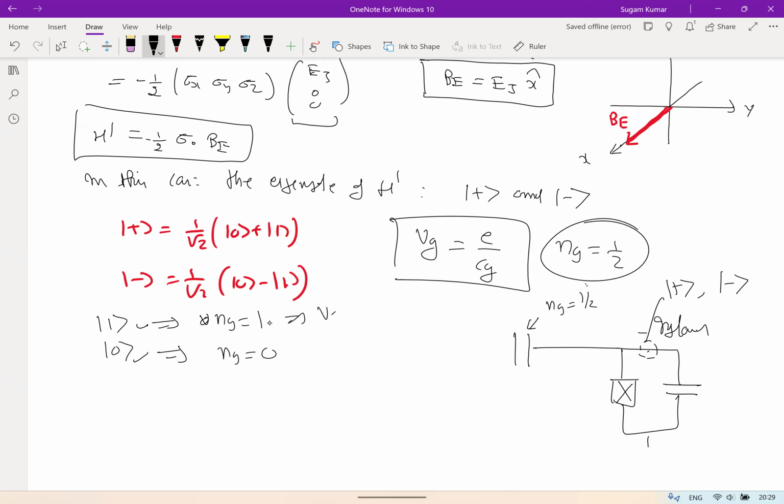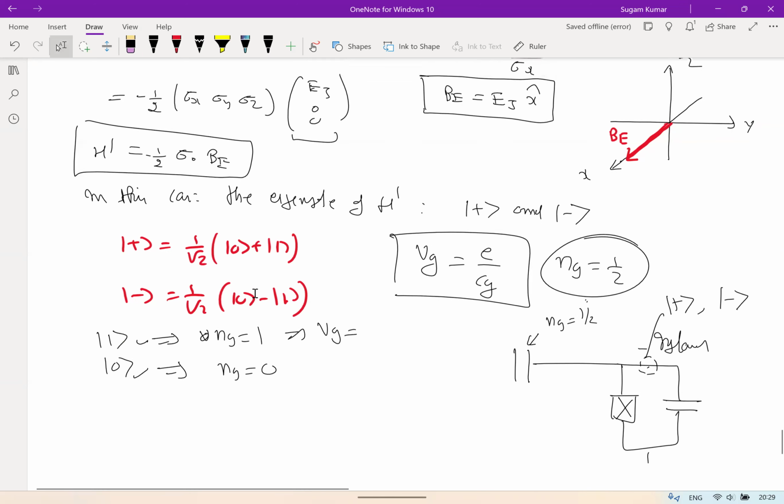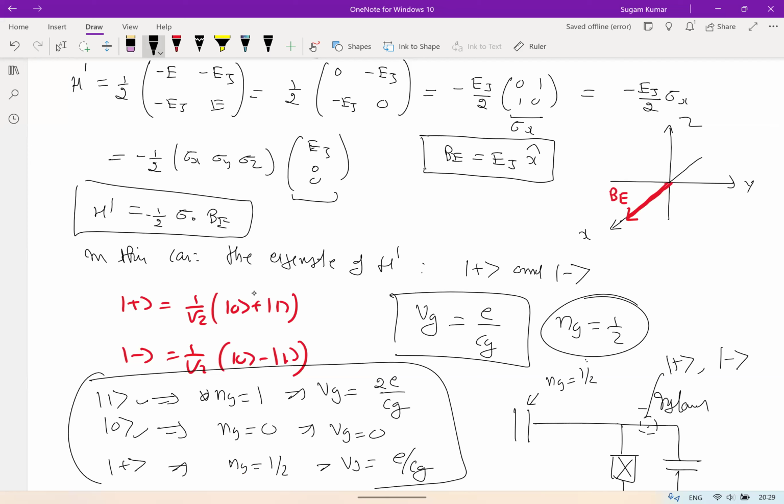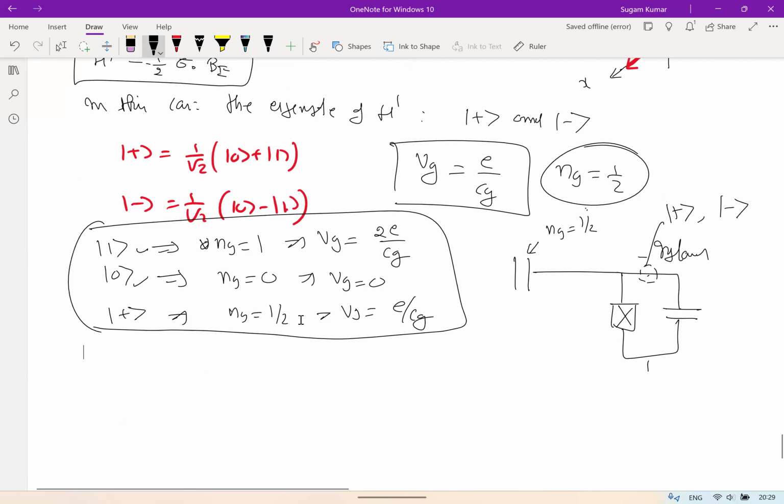And this is the situation when Vg is twice e upon Cg. In this case, Vg equals 0. And this is the state you get when Ng equals half, the case when Vg equals e by Cg. You can see this is how you can create a quantum bit.